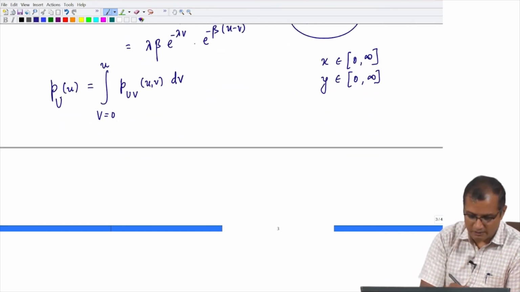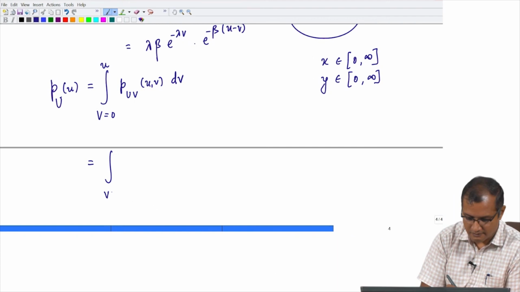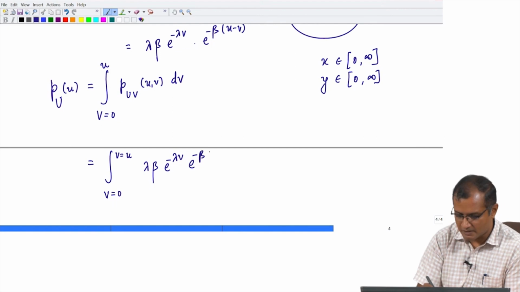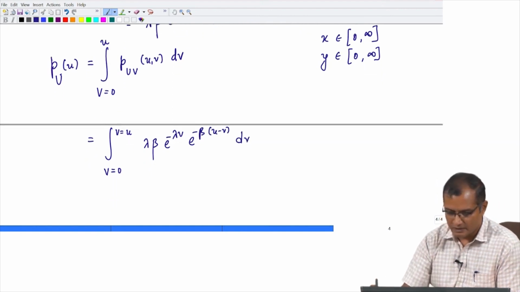So, then I can write it as the integral of lambda beta e raised to minus lambda v e raised to minus beta times (u minus v) dv. Okay.